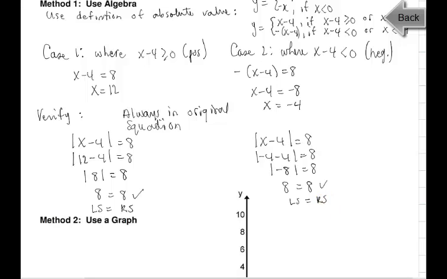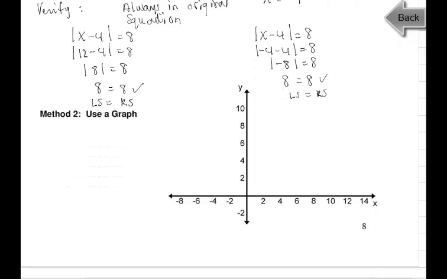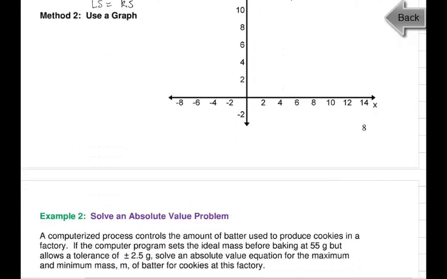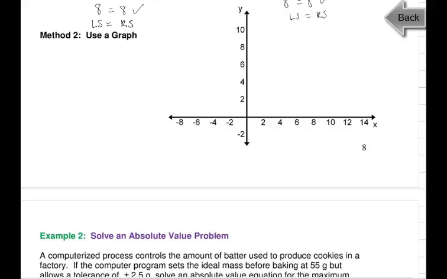Another way that we can solve an absolute value equation is by graphing. We're going to use our graphing calculators. The first thing that you want to do is to enter into your calculator y1, and we're going to enter in the left hand side of the equation and call that y1.